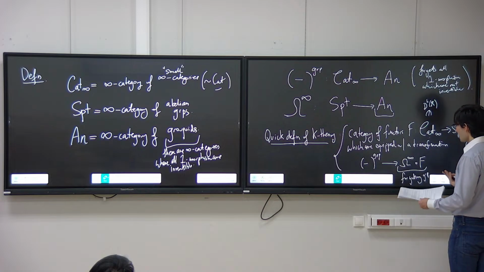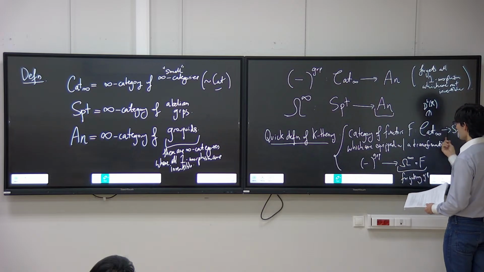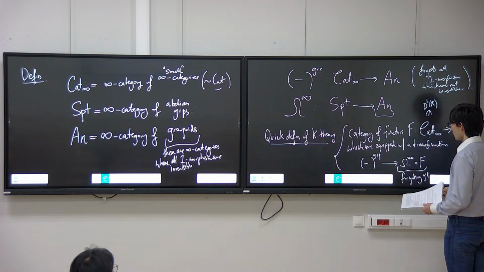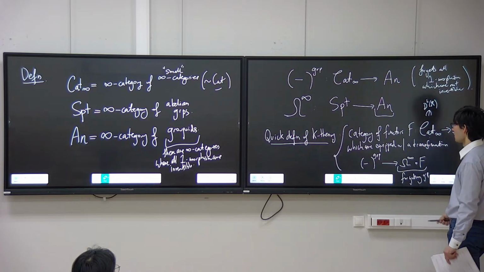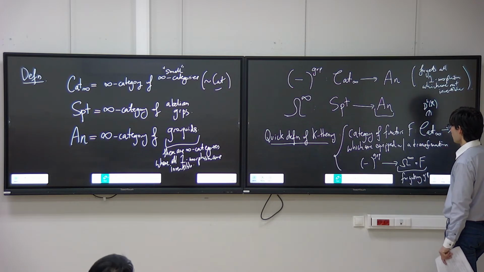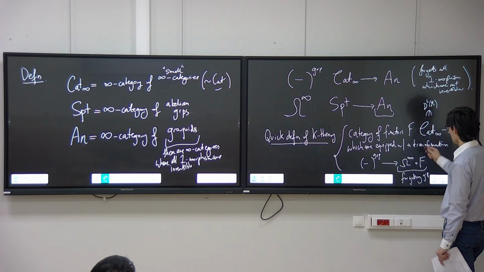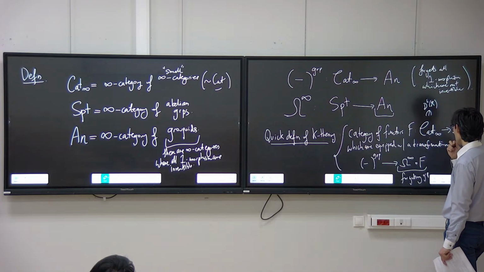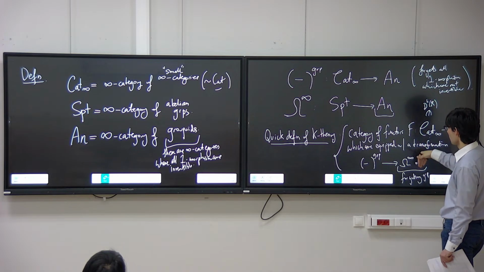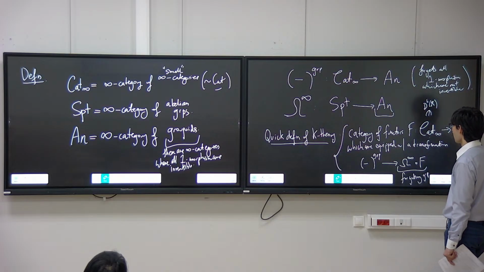And basically K-theory will be the initial object of this category. So it'll be the limit of all objects in here. So it's some kind of universal functor K from Cat infinity to spectra, which maps to every other functor with this property.